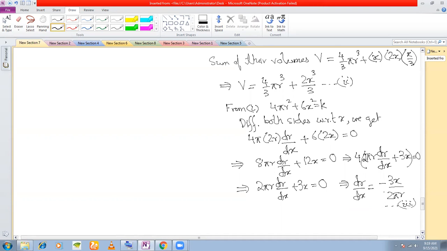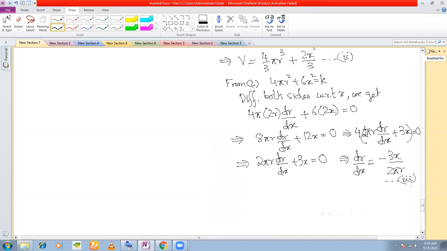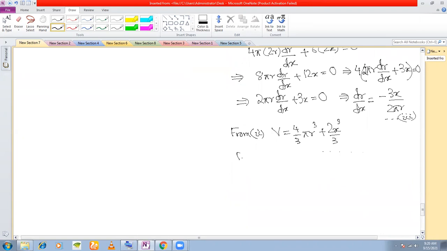Because it was difficult to bring down v to a single variable, we had differentiated 1 and found out dr dx. Call this 3. Now you do the same with 2. So from 2, v is equal to 4/3 pi r cube plus 2x cube by 3. Okay, differentiating both sides.